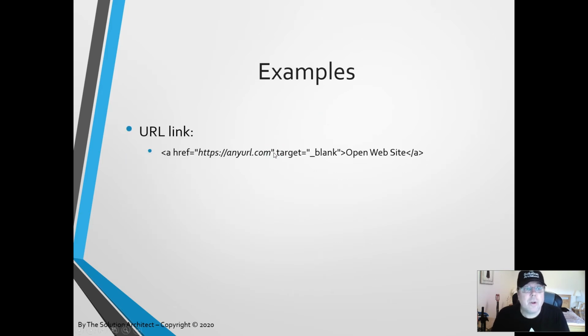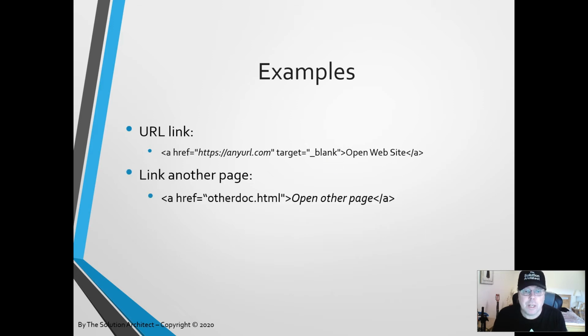Okay, so an example here is for the URL link. It's href. A is the tag element that we use, and then you can put in any URL in there. And target is blank. So your target is either you can have it replace your current browser, or you can have it so it opens up a new web window for you.